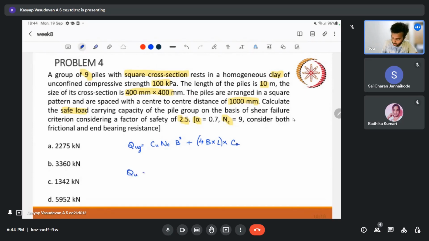For one particular pile, what is it? CuNc into D square. Since it is square, I'm not writing pi D square by 4 because this is square. And our perimeter is 4D, right? 4D into L. It's the same way you're writing here. Instead of Cu, we should write actually alpha Cu, right? Okay, so that's the idea.